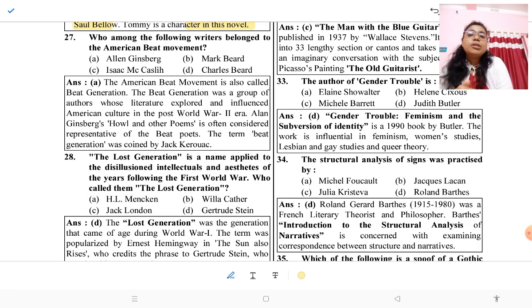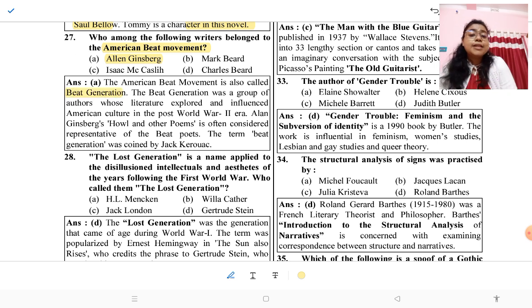Then, who among the following writers belonged to the American Beat movement? The American Beat movement is important, and the answer will be Allen Ginsberg. Allen Ginsberg belonged to the American Beat movement, which is also called the Beat Generation.